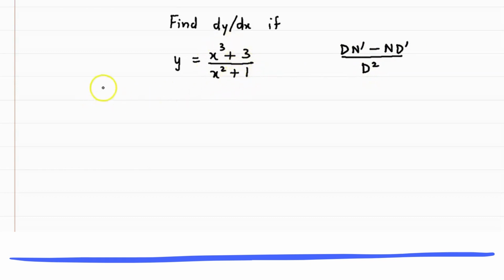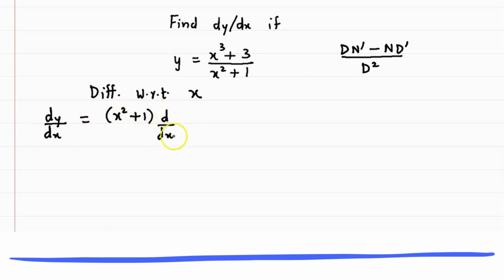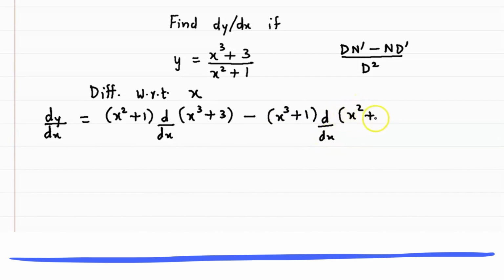So applying the quotient rule, differentiating with respect to x, we get dy by dx is equal to x square plus 1 into derivative of x cube plus 1 minus x cube plus 1 into derivative of x square plus 1 divided by x square plus 1 the whole square.